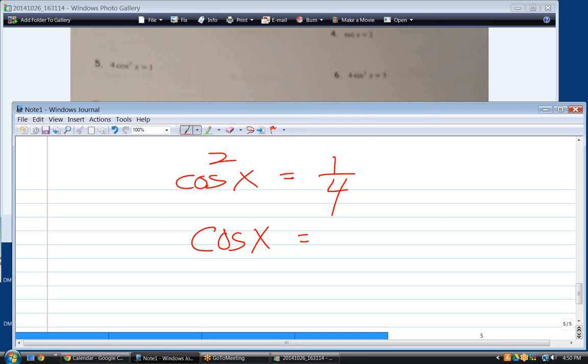Nice round fraction. What fraction, when multiplied by itself, equals 1/4? 1/2. When you square numbers smaller than 1, they get smaller. They don't get bigger. When you square numbers bigger than 1, they get bigger. But when you square a half, it gets smaller. It goes down to 1/4.